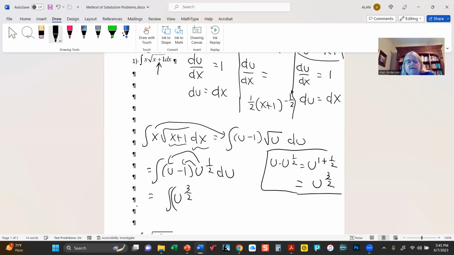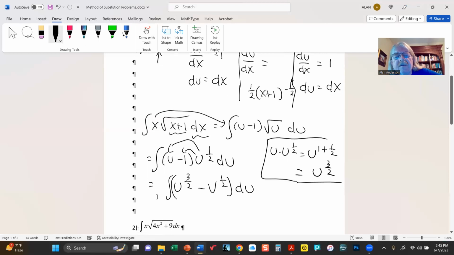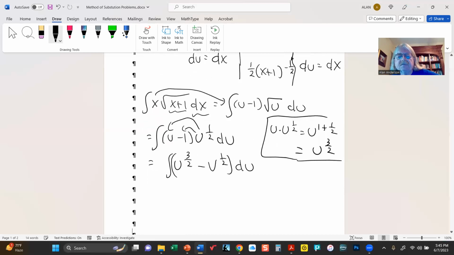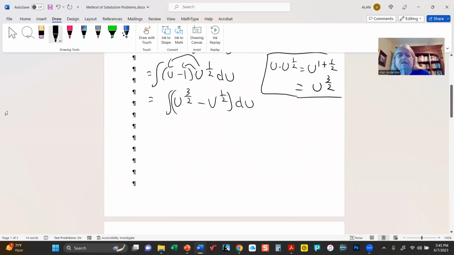And then here we have minus u to the 1/2 power, and all of this is multiplied by du. So right now, this looks like it's very manageable. And it is, because these will enable us to simply apply the so-called power rule.